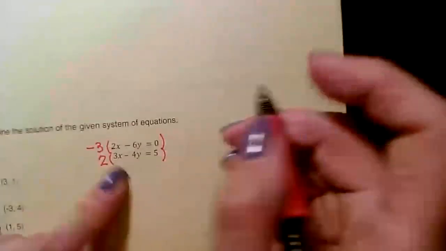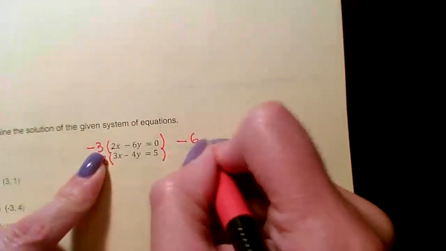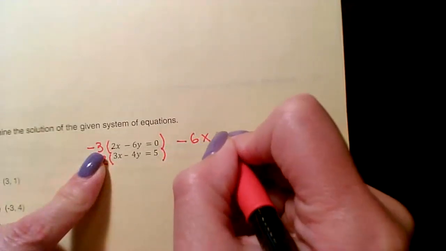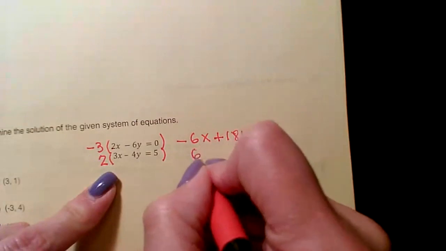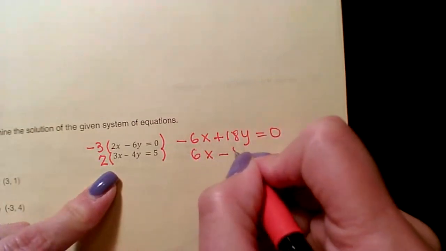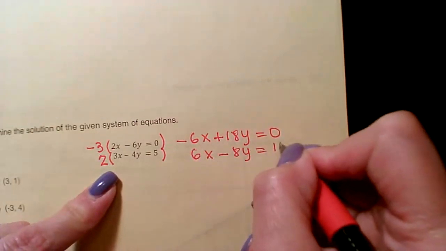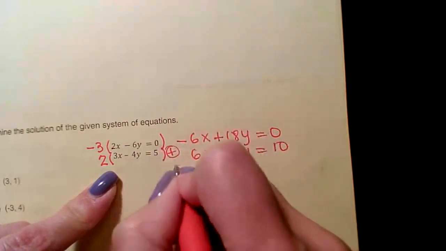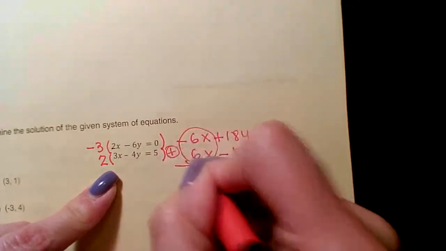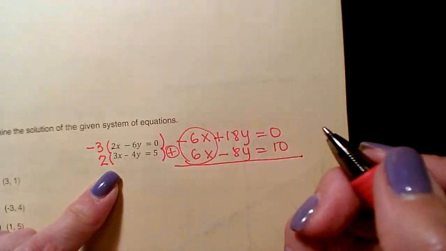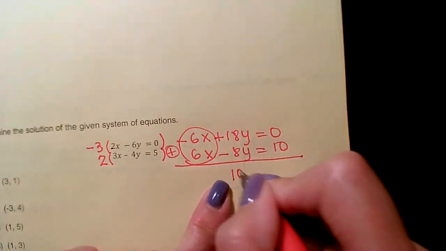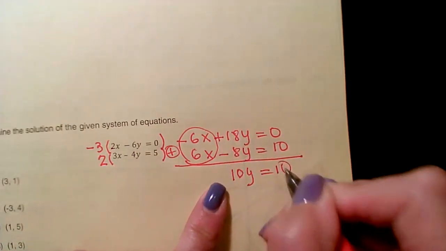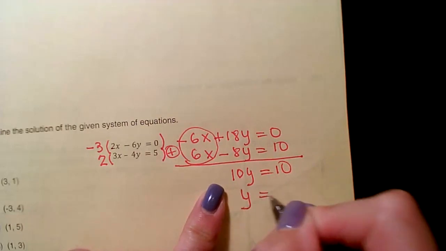Because when I do that, look, this is going to be -6x, and this one will be 6x. So we make a 0 here, and 18 minus 8 will be 10y. So y is equal to what?